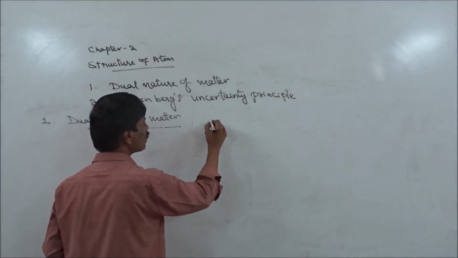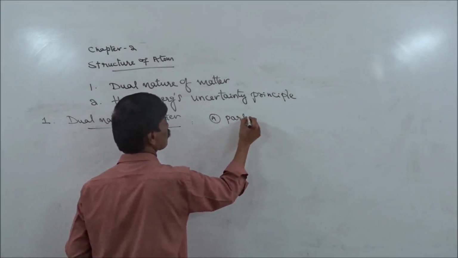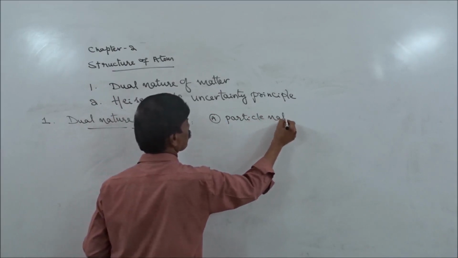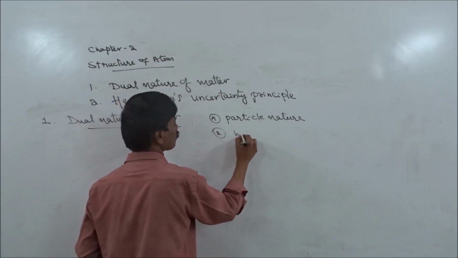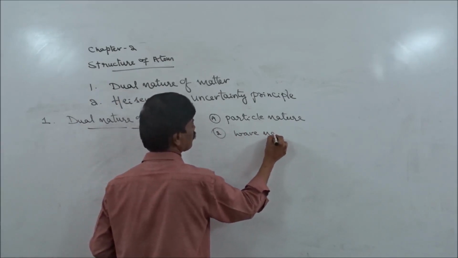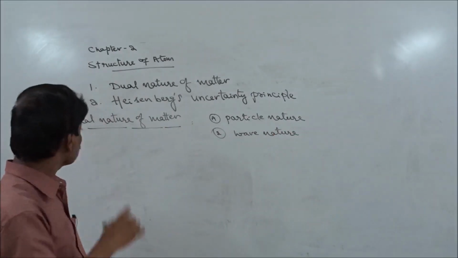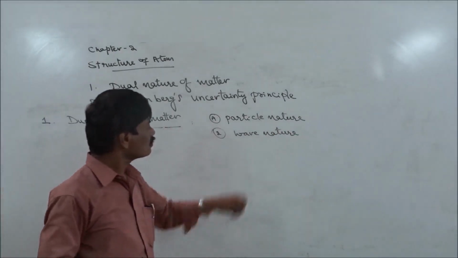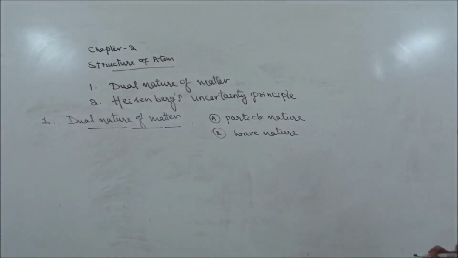One is particle nature and number two, wave nature. In this way, the two natures of the particles together are known as dual nature, and this is incorporated in the quantum mechanical model of the atom.